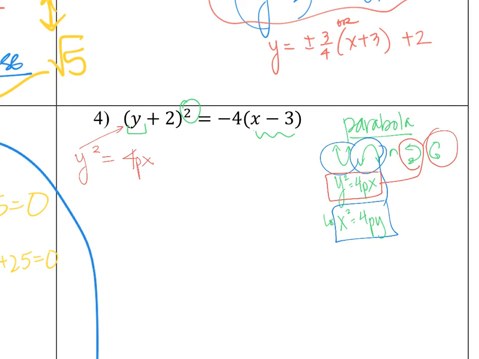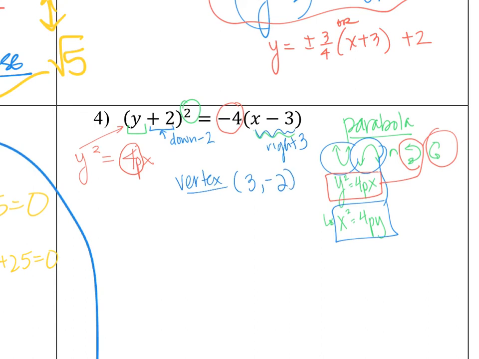So I have y squared here, so I'm picturing that first equation, 4px. And I see my 4p then would have to be the -4. I have the +2 next to the y. That's going to mean I'm going to be moving down, which would be down -2. And I'm going to be moving to the right 3. So my vertex is going to be 3, -2.